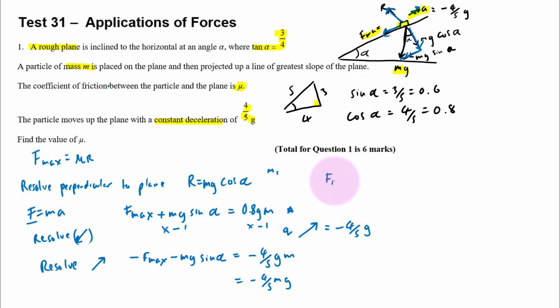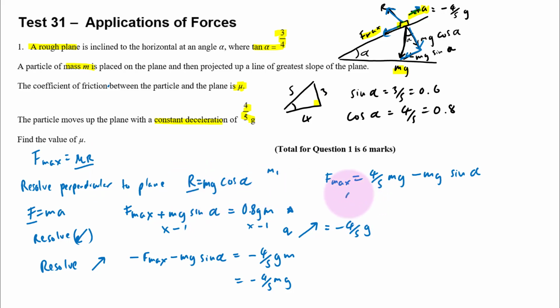So you can see F max equals, I'm just going to use it as a fraction, 4/5 mg, just because we should go in alphabetical order, minus mg sine alpha. Now that bit should make sense. Now we know F max equals mu R, and we do know what R is from this question here.